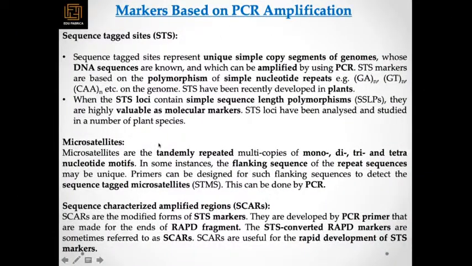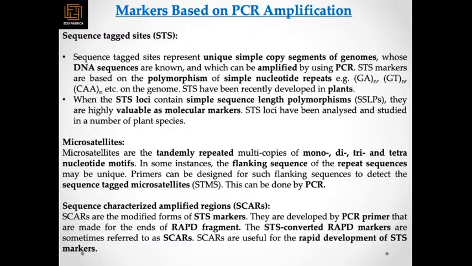And the microsatellites are the tandemly repeated multiple copies of mono, di, tri, tetranucleotide motifs. So in some instances, the flanking sequence of the repeat sequence may be unique. So primers can be designed for such flanking sequence to detect the sequence tag microsatellites. And this could be done by using PCR. And sequence characterized amplified regions, SCARs, are the modified versions of STS.